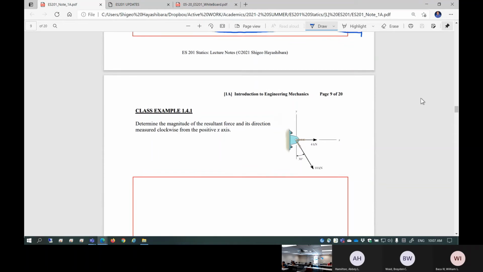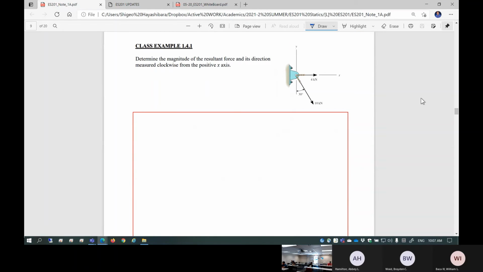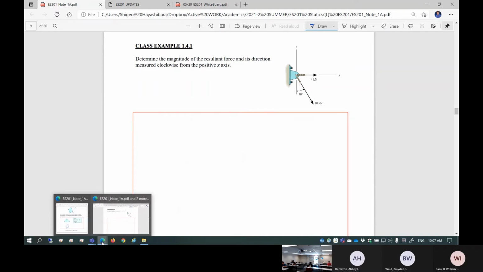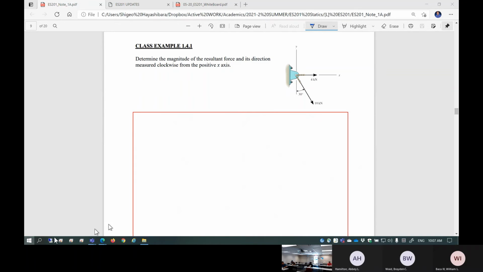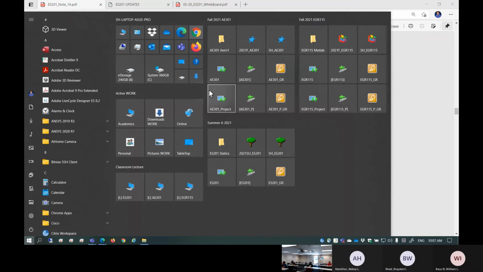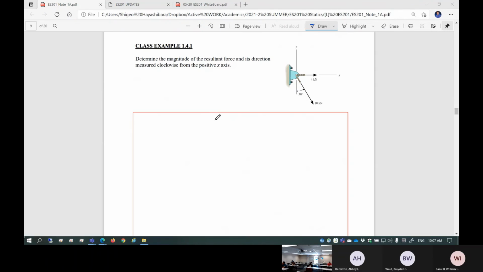All right. So the next page is, of course, class example 141. I think I already showed you on the first day. Once again, let's just take a look at what Ernie the Bird did.